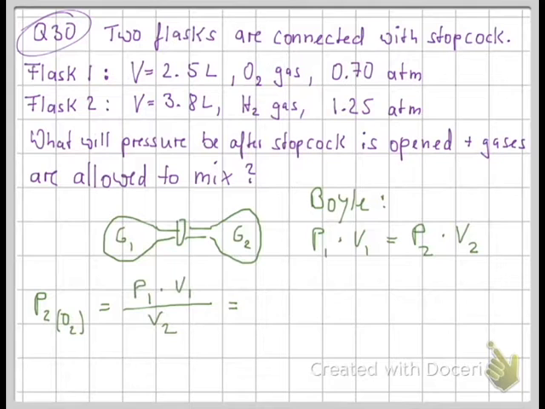The pressure is given initially for oxygen as 0.7 atmospheres, and V1 was 2.5 liters.